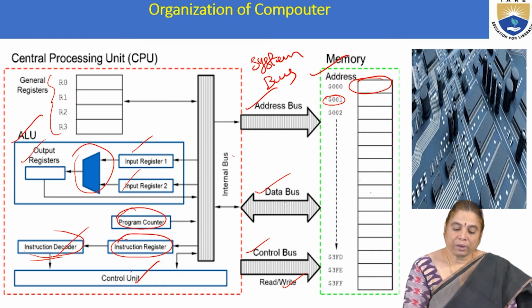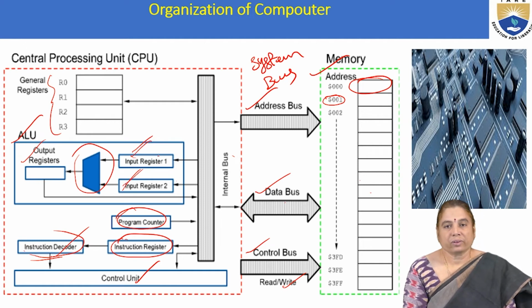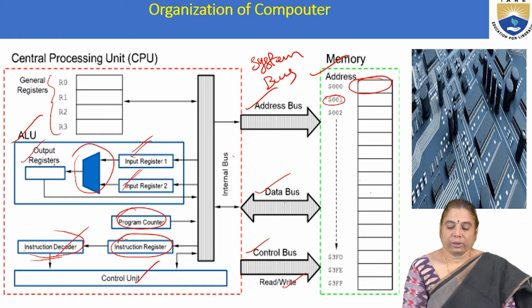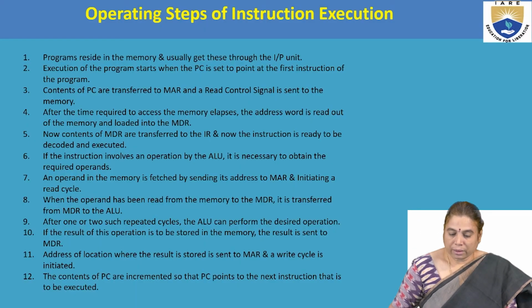So in the third step, the operands can be retrieved from the memory and stored in the input registers of the ALU. And the ALU can perform the execution and the result can be stored in the output register. So all these are the operating steps of the instruction execution.